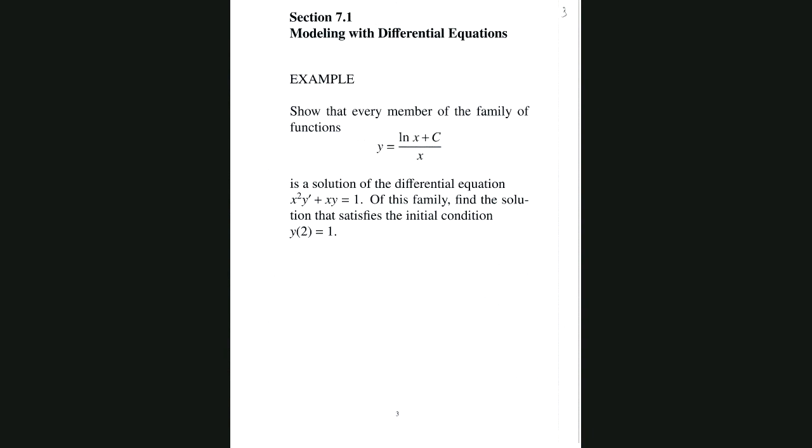So now we have the family of solutions. But in the original problem, we're also asked, of this family, to find the solution that satisfies an initial condition. What if we also require that the solution pass through the coordinate (2, 1)?